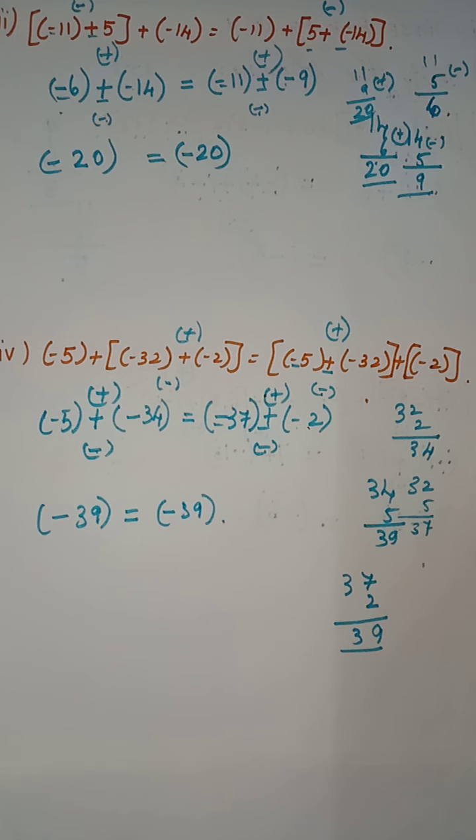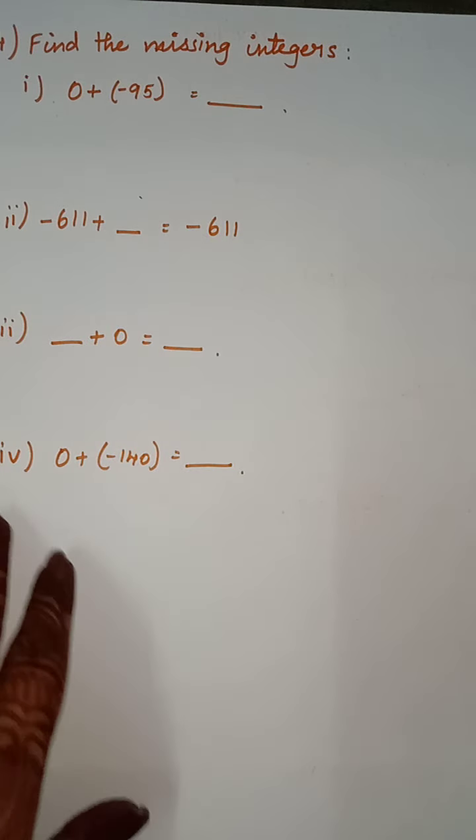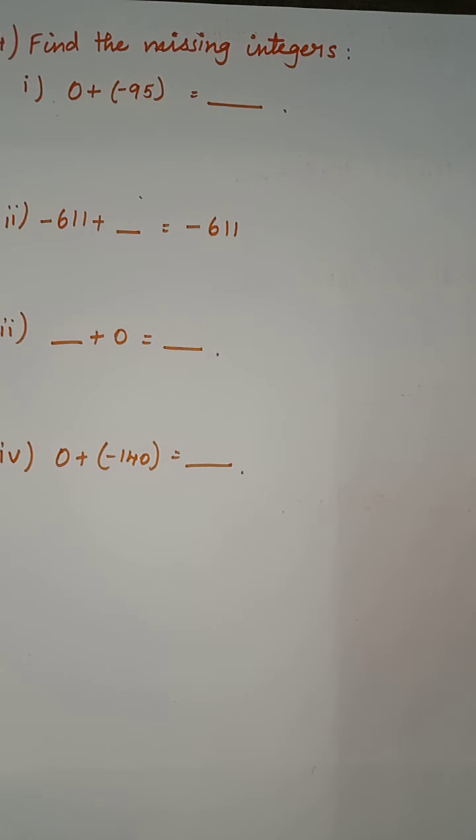Okay. Next sum is the fourth question, that is find the missing integer. Find the missing integer by using the identity and by using the inverse property. That is, we are going to use two properties and we are going to give answers for these types of sums. Can you understand what I am telling?